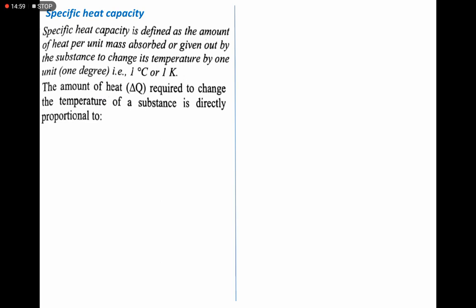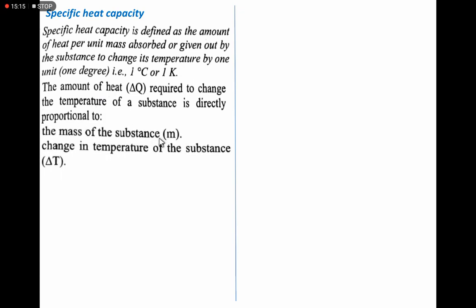So here we'll consider delta Q as the amount of heat energy required to change the temperature of the substance, and it is directly proportional to the mass of the substance and the change in temperature of the substance.